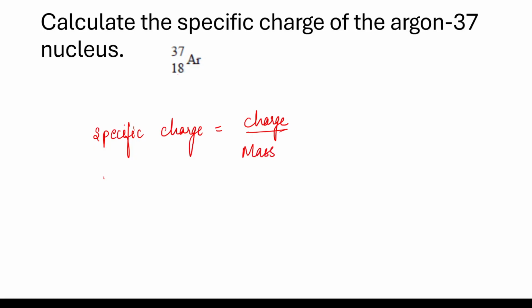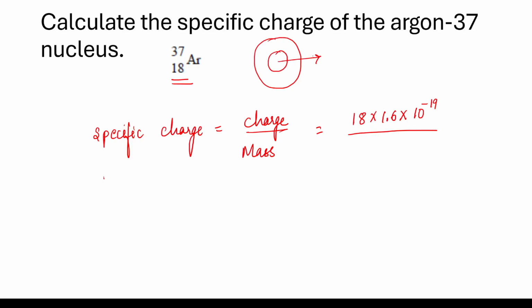Now, the charge comes because of the 18 protons. So 18 times 1.6 times 10 to the power minus 19, that's the charge of 1 electron, always remember that. And then the mass. Now if I make a model of argon, then inside the nucleus, what does my nucleus have?